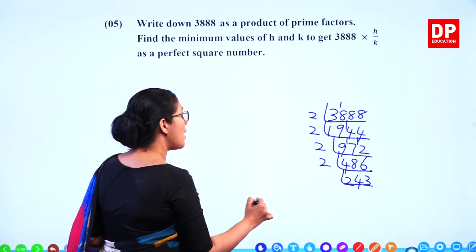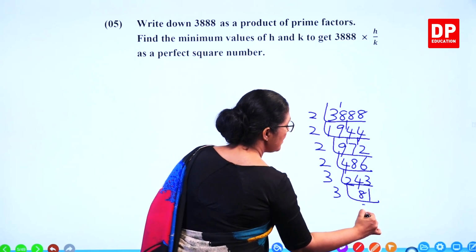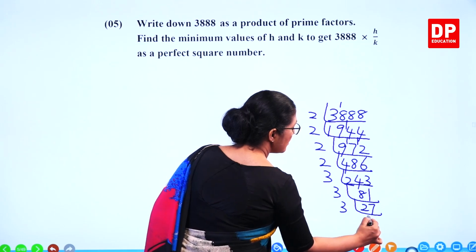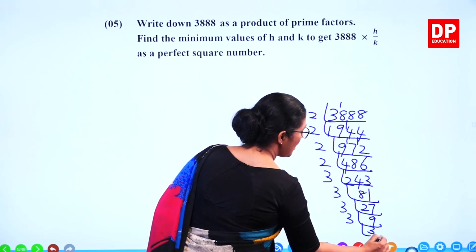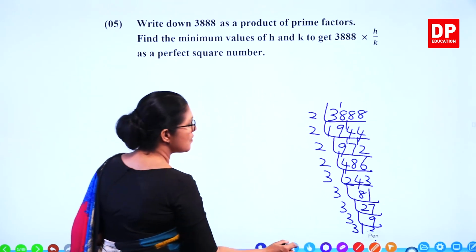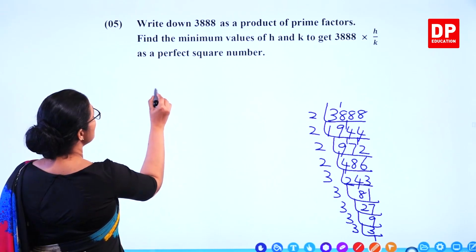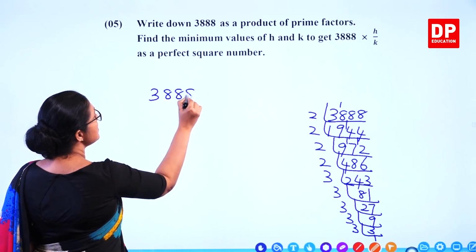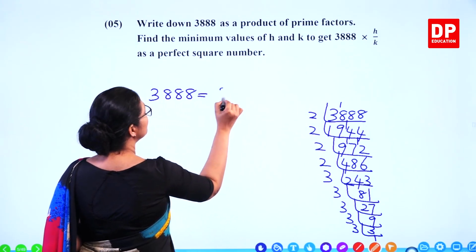Now we can divide by 3. Divide by 3. And again divide by 3. And another 3. So what are the factors? 3888 you can write. How many 2's? 1, 2, 3, 4.